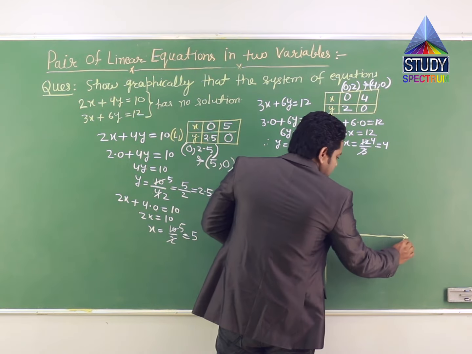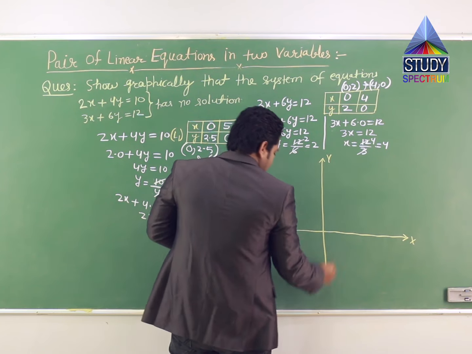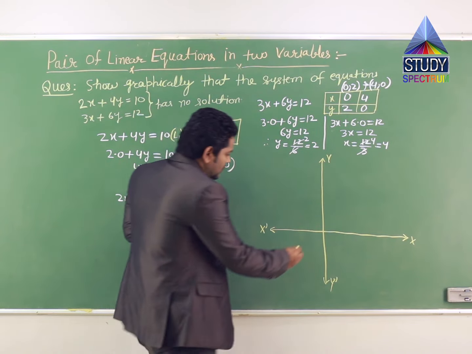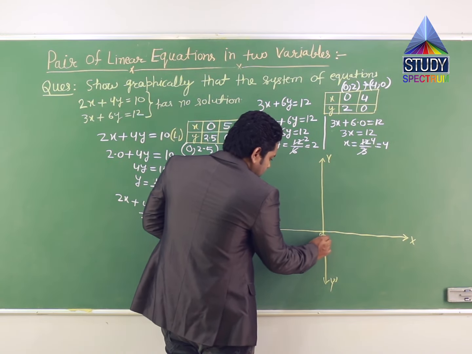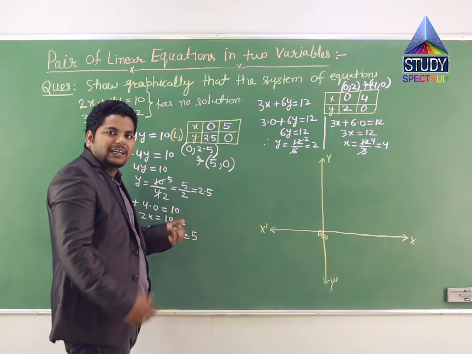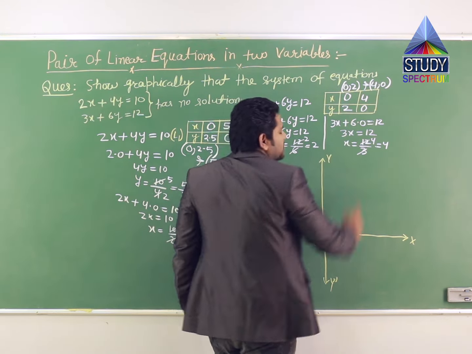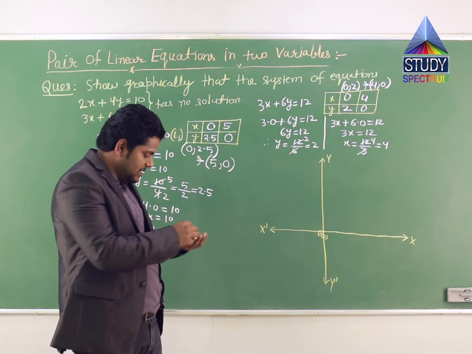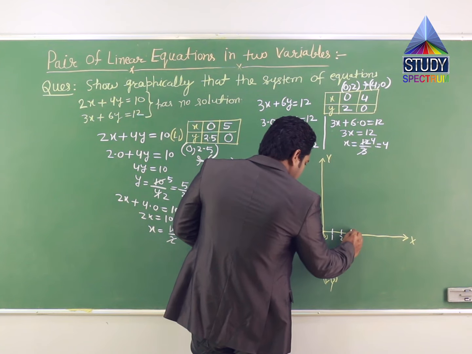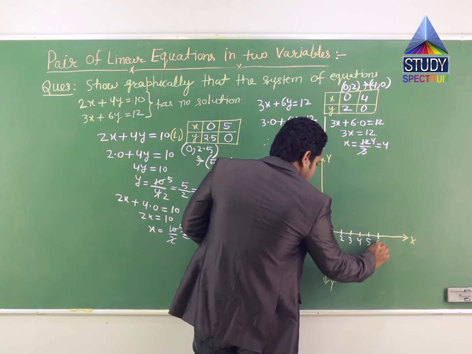This is x dash, y dash, and this is of course the origin 0, 0. Now let's check the x coordinates: 0, 5, 0, 4. It means in x we have a maximum of 5, so we'll locate 1, 2, 3, 4, 5, 6.